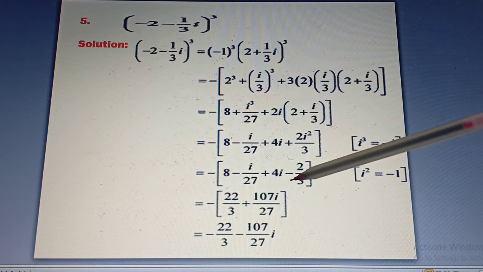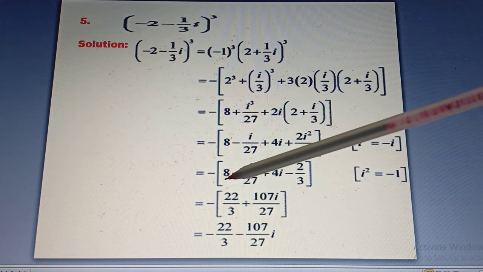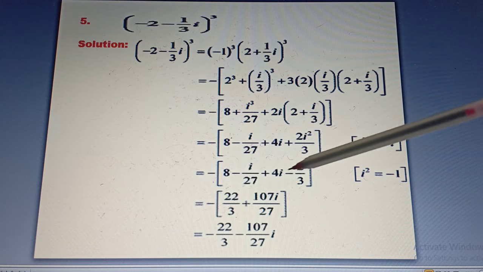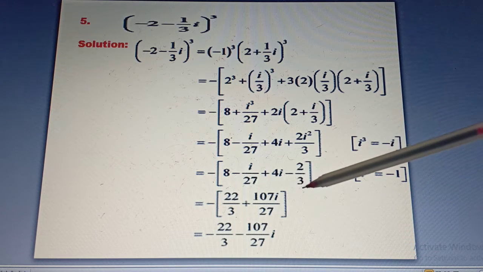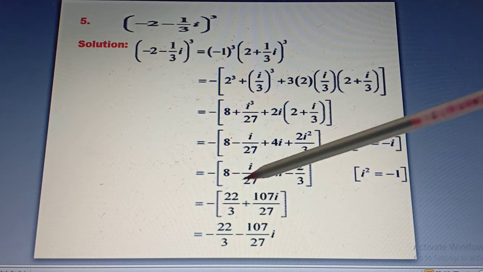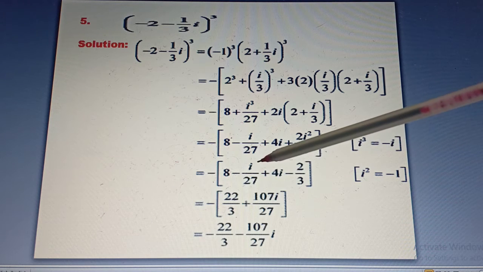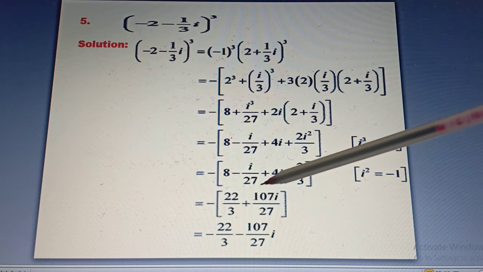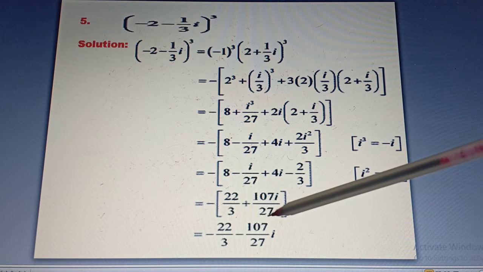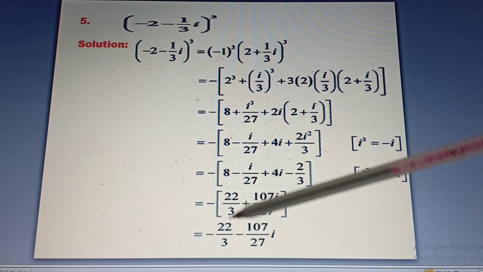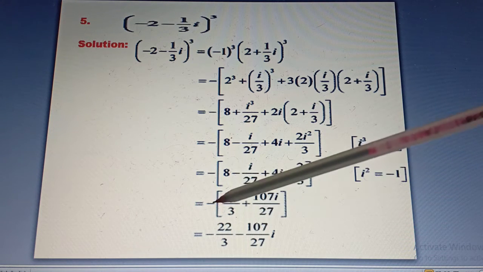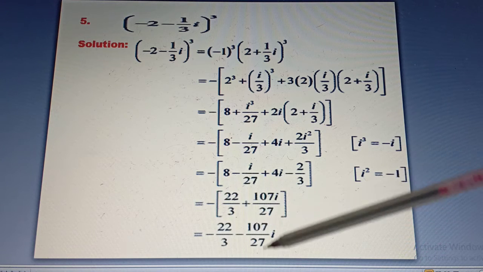So 8 minus 2 by 3 is 24 minus 2, 22 by 3, and i common, 1 by 27 minus 4, which is minus 107 by 27. The answer is minus 22 by 3 minus 107 by 27i.